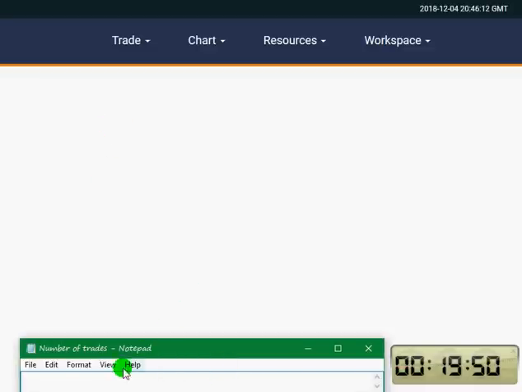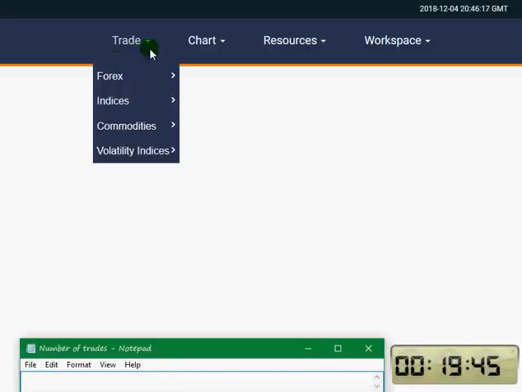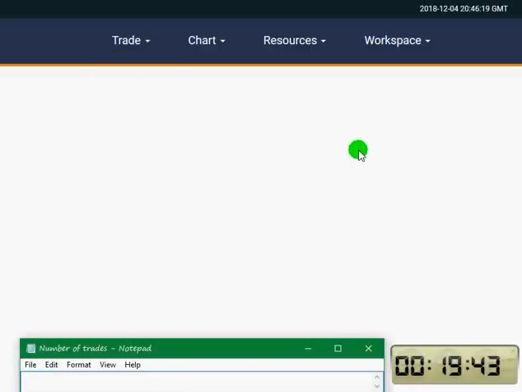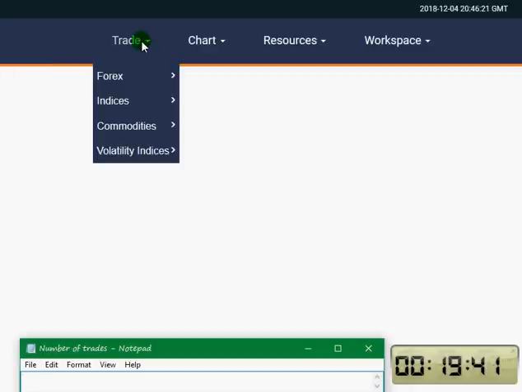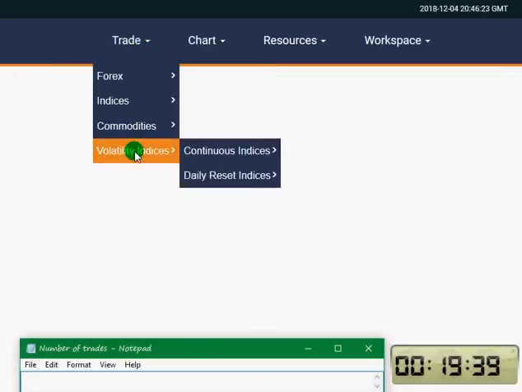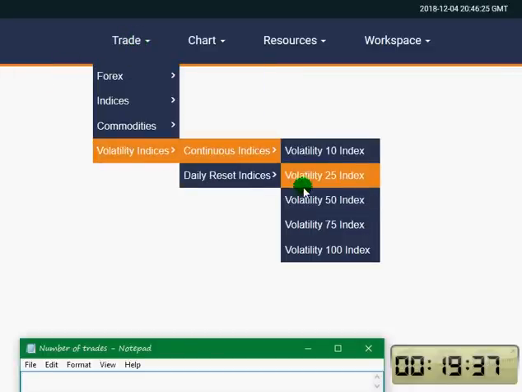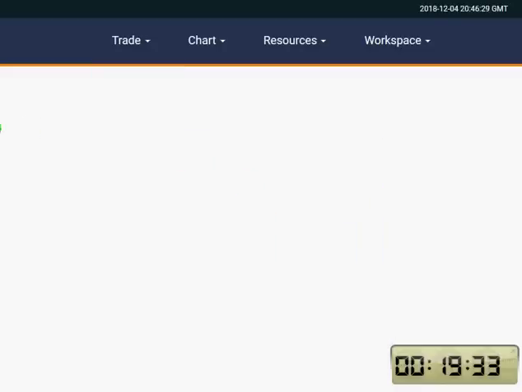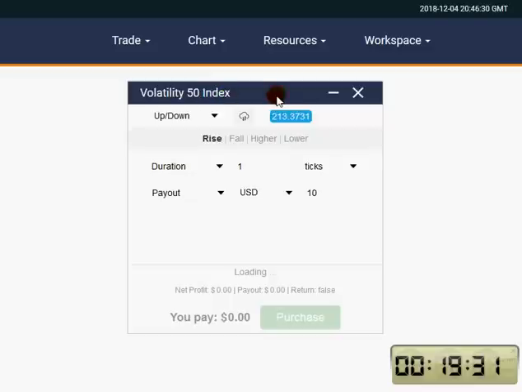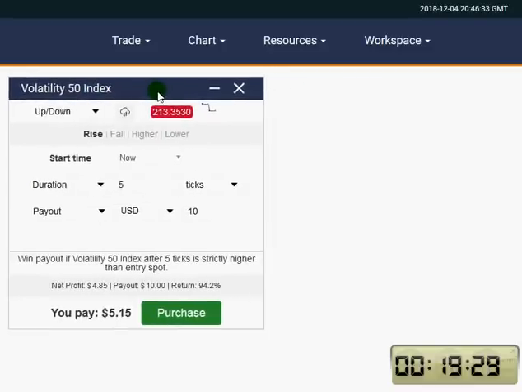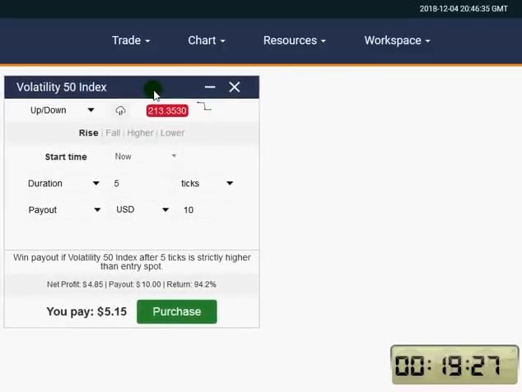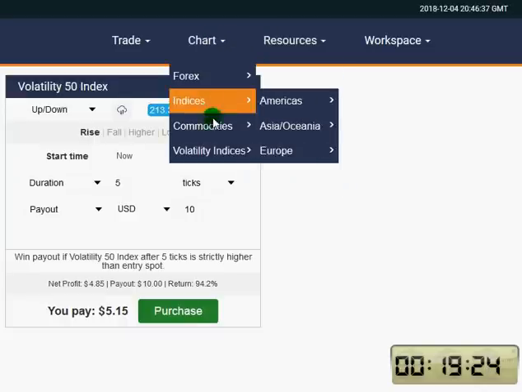So I have a notepad here where I'm going to be typing the number of trades. So we are going to be trading the volatility index 50 today. So I'm going to open the chart and the index. So here is the index, and I'm going to open the chart as well.